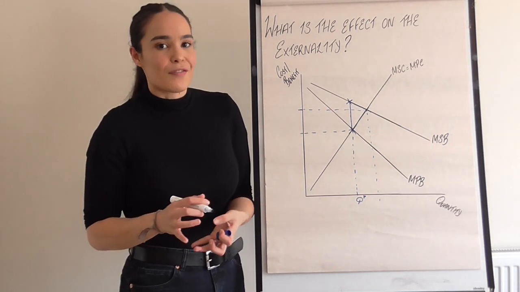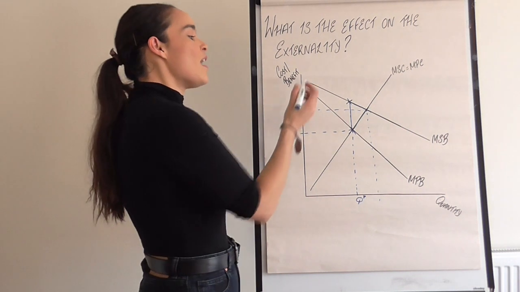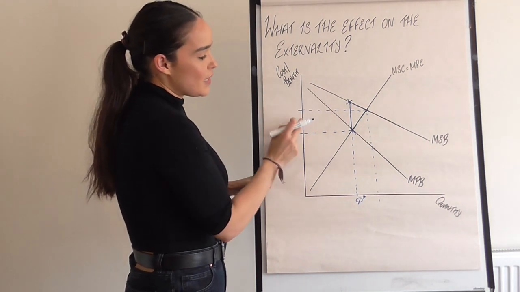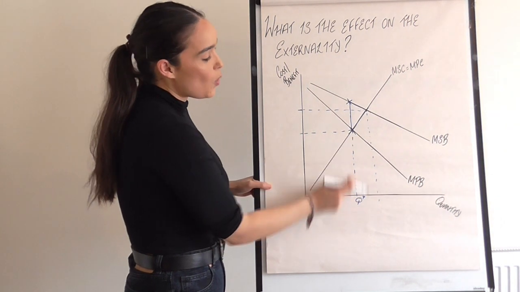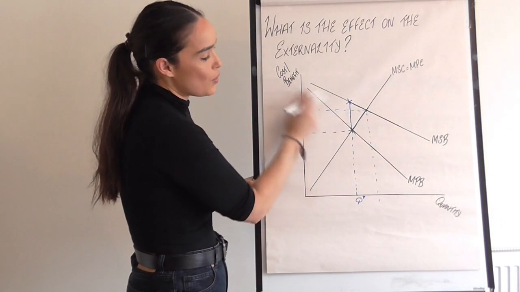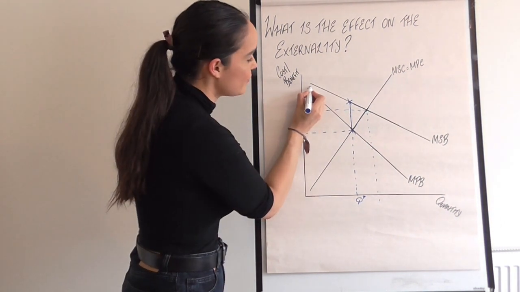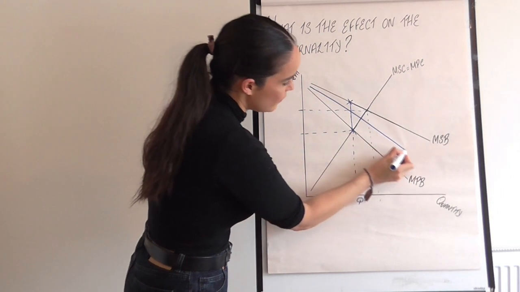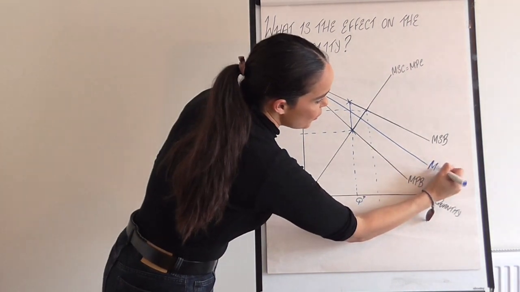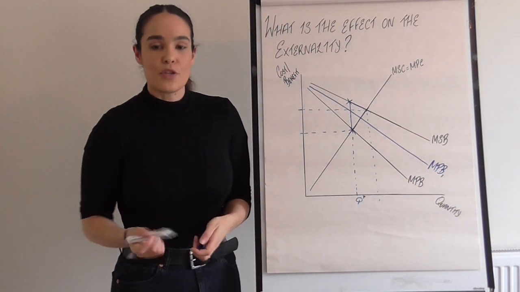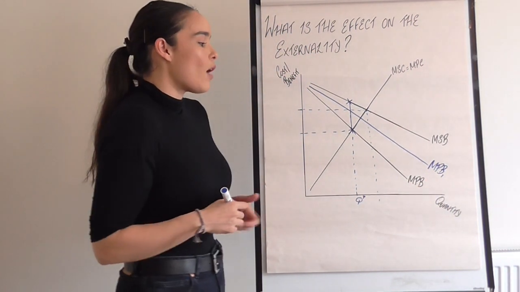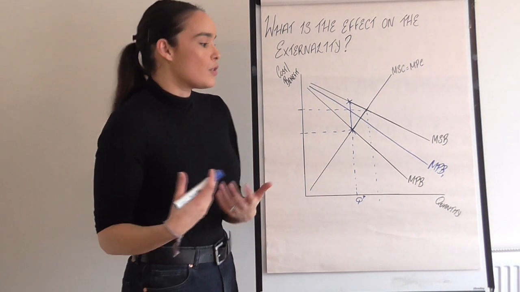Which way is it going to shift? It's going to have to shift outwards, obviously, because at the same quantity, you're benefiting more. So therefore, you're going to shift outwards. And your marginal private benefit has shifted. You're benefiting more from every unit that you consume.